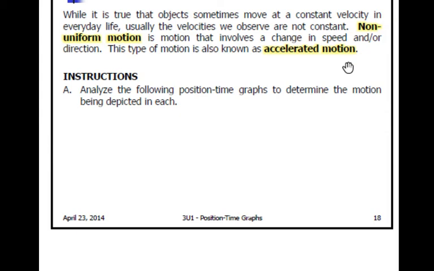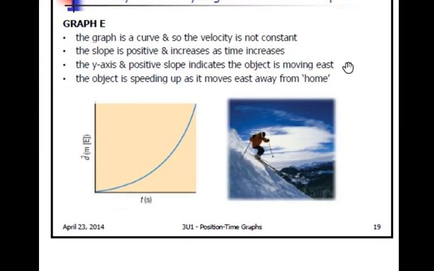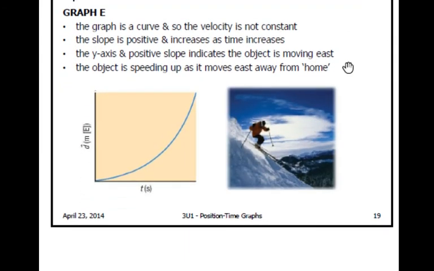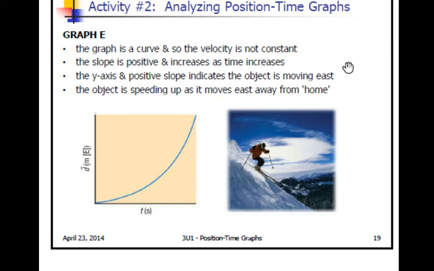Okay, now let's look at some more advanced position time graphs. These ones are not going to be linear, and we'll explain what's happening here. In this case, somebody going down a downhill ski slope might start at a home position, and then as they move down the slope, they're going to be accelerating due to the fact that gravity is now pushing on them.